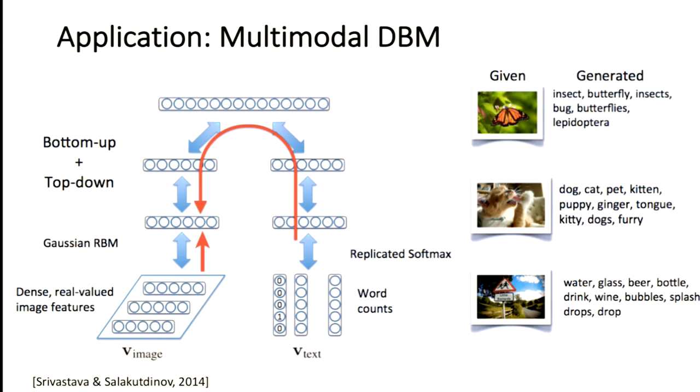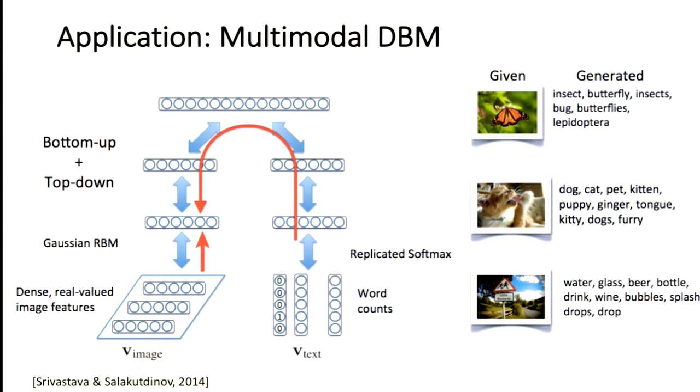So this is one of the earliest works, by the way. The original paper was in 2012 NIPS, and this one is a subsequent journal paper in JMLR. But there have been many other works which have used similar ideas to generate multimodal data distributions. So here, as you see, given your images are fixed, for a butterfly you get quite nice generated data.